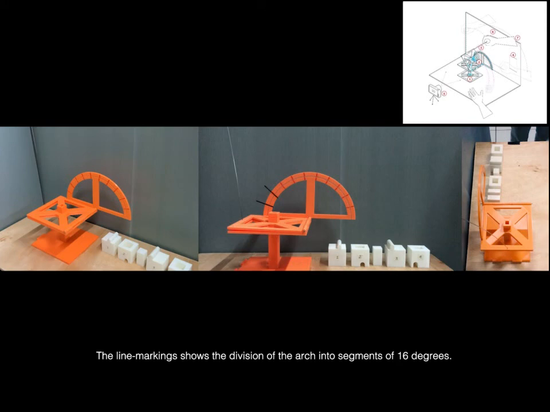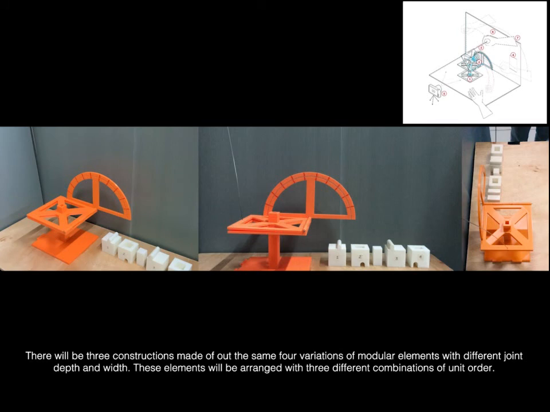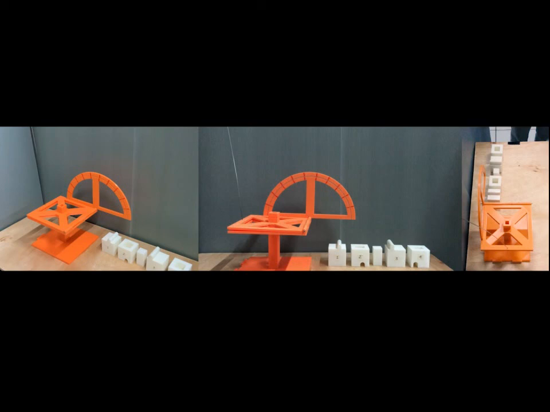The line markings show the division of the arch into segments of 16 degrees. There will be 3 constructions made out of the same 4 variations of modular elements, with different joint depth and width. These elements will be arranged with 3 different combinations of unit order.